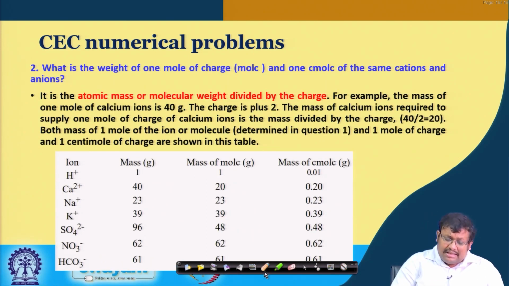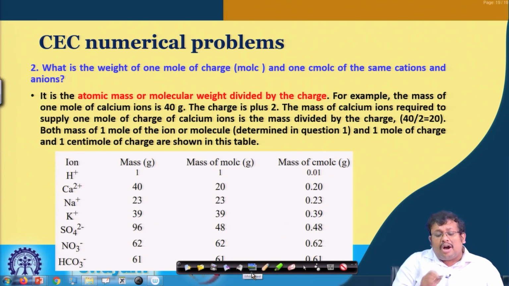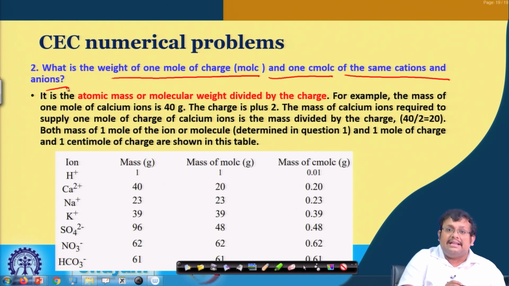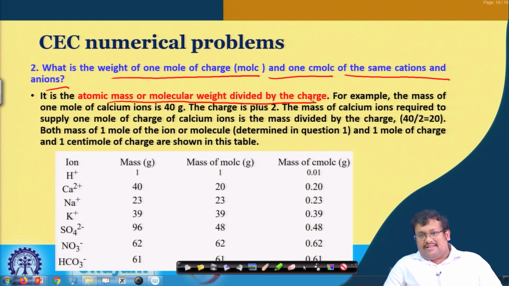Now, the second question is: what is the weight of 1 mole of charge? Now we are going into the molar charge. What is the weight of 1 mole of charge and 1 centimole of charge of the same cations and anions? It is the atomic mass or molecular weight divided by the charge, we know that. For example, 1 mole of calcium atoms gives 2 moles of charge.